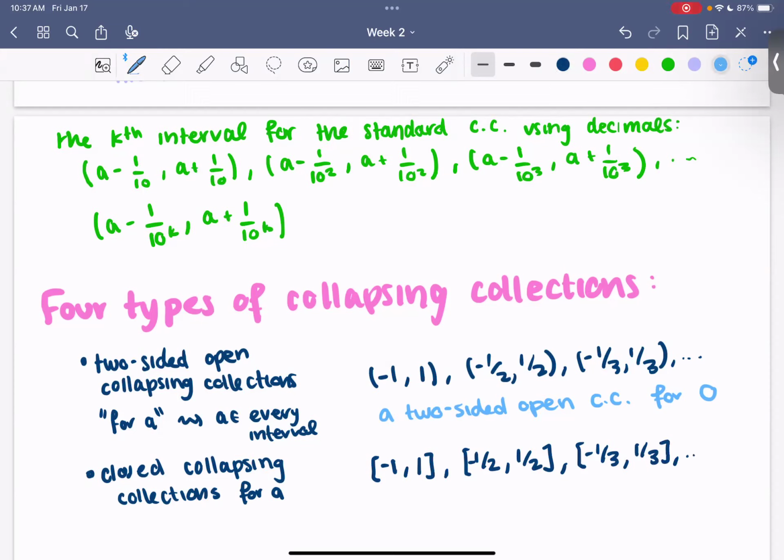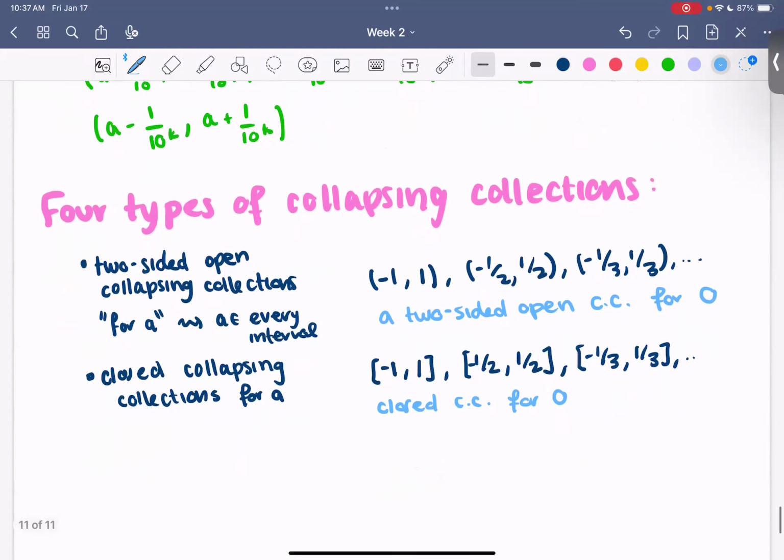This is a closed collapsing collection for 0. Okay, and then we have the one-sided collapsing collections.